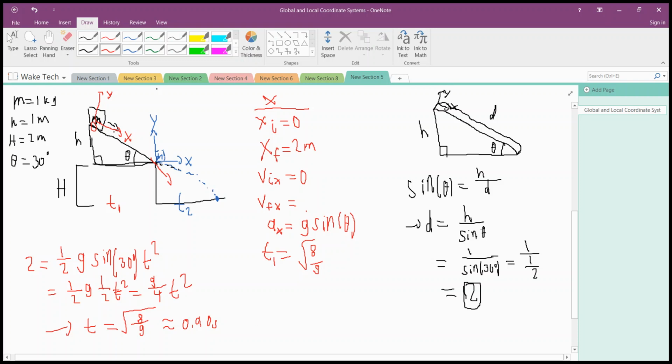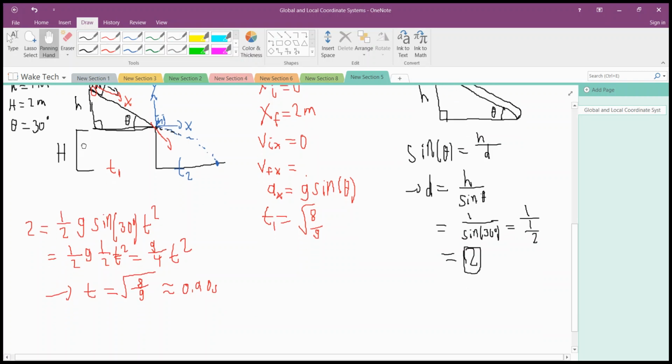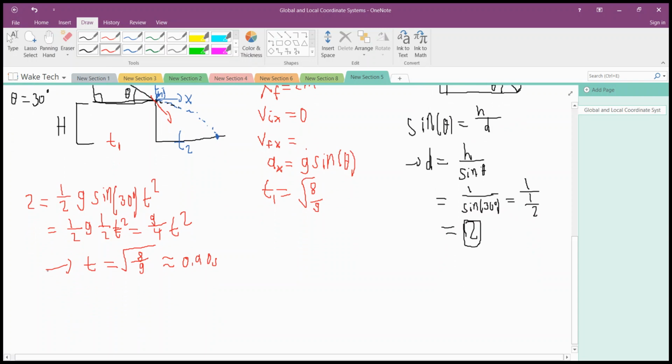We can do that using our v squared formula, as I mentioned before. So let's do that. We get v final squared equals v initial squared, which is 0, and then 2a delta x. So x final is 2, x initial is 0, so 2 minus 0 is 2. And so substituting in for some of the values, sine 30 is 1/2.